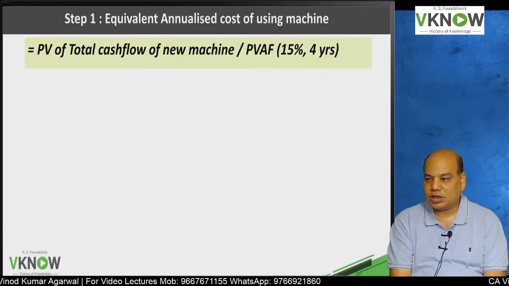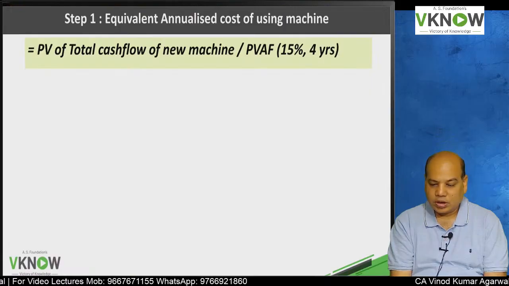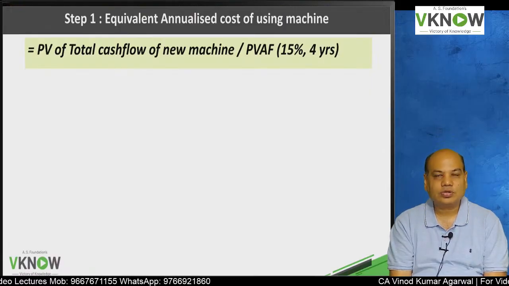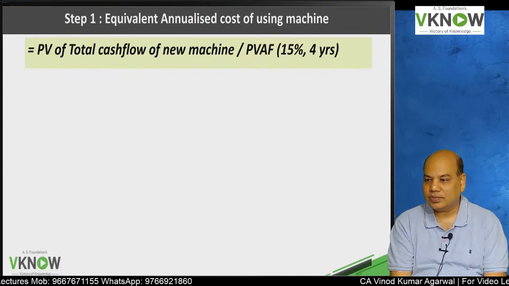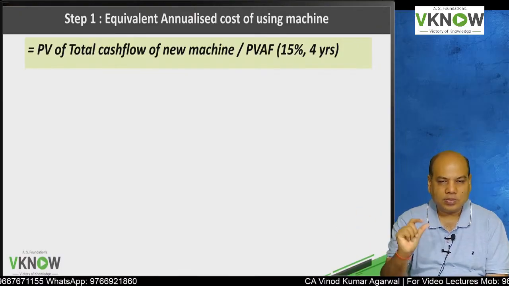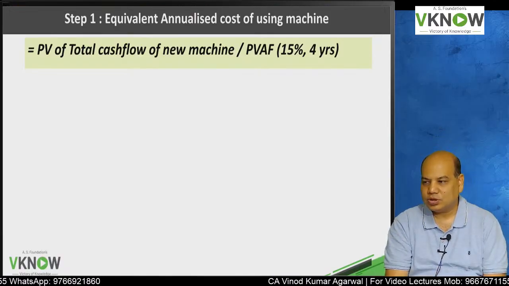In the exam, this type of questions are asked and very few students are able to get it right unless you have practiced it in advance. So first we will compute equivalent annualized cost of using new machine. If I purchase a new machine, what is my annual usage cost? How much does it cost per annum if I purchase a new machine?